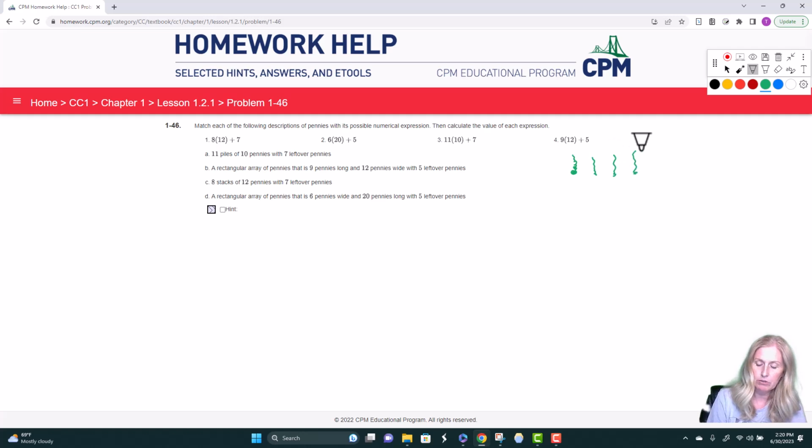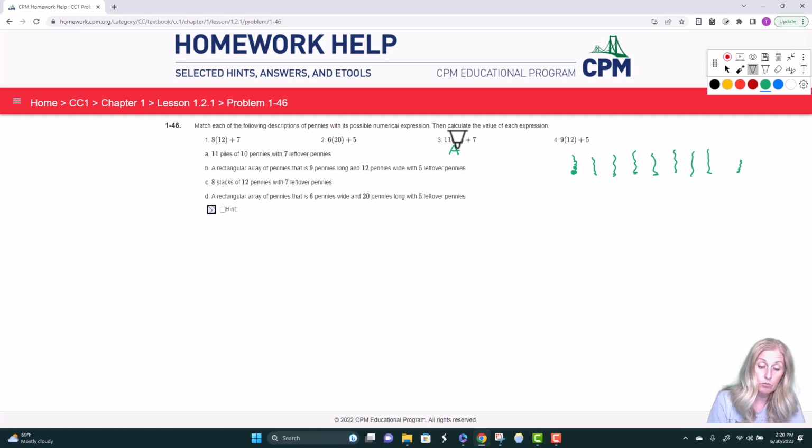So let's just say you literally piled them high, but you have 11 of those piles, and then maybe in the last pile you only had 7, you didn't have enough to do 10. So it makes so much sense to just say 11 times 10 and then add the 7 left over in the end. Okay, so number 3 matches A.